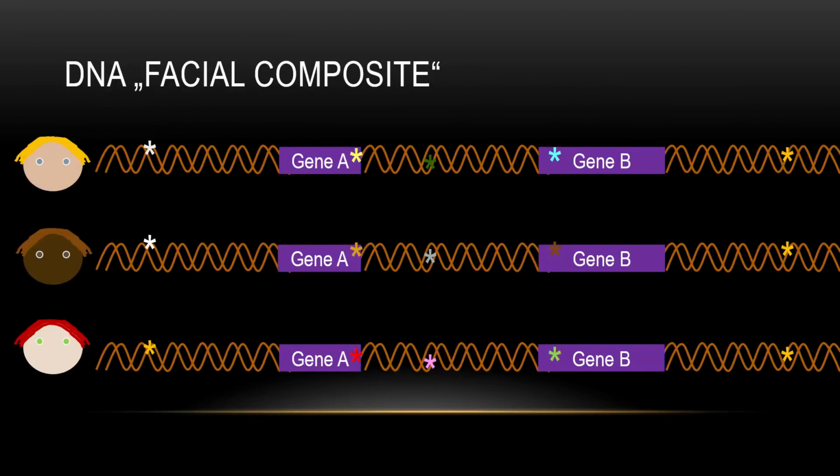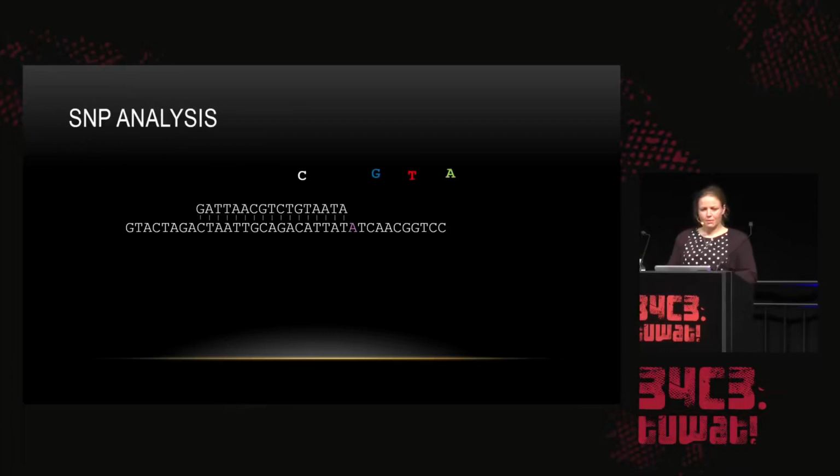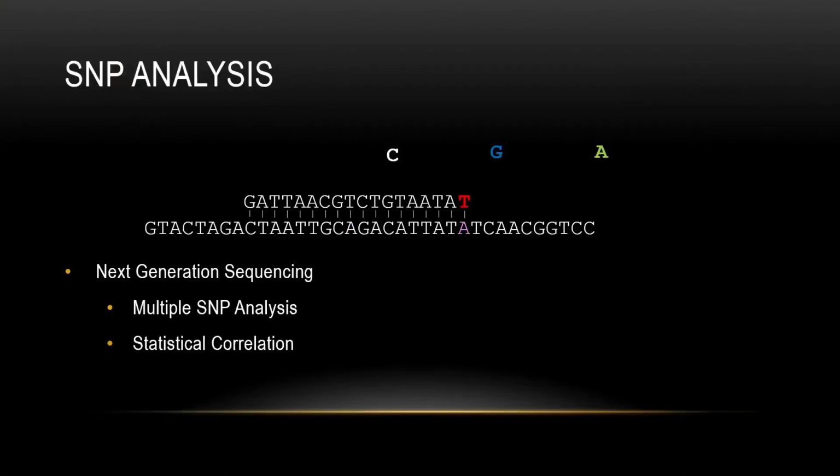SNP analysis is basically just done by checking for a known sequence, and then you have labeled bases, and you can check which base binds here. This can be done by next-generation sequencing, which is a quick form of sequencing DNA and a very novel technique.